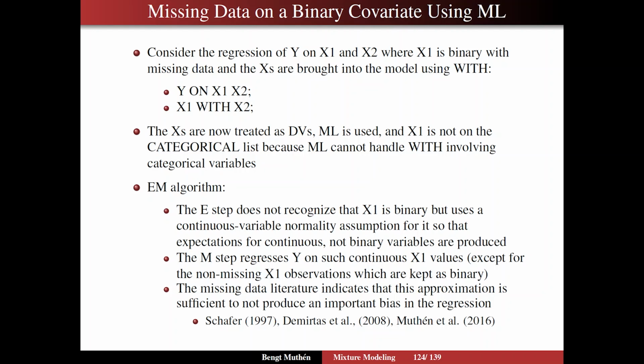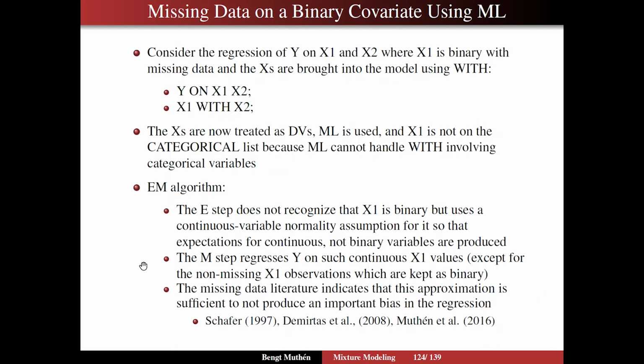So we are ignoring that x1 is categorical, and what happens then in the EM algorithm, expectation maximization algorithm, that ML uses? Well, the expectation step for the x's does not recognize that x1 is binary, but uses a continuous variable normality assumption for it, so that expectations for continuous, not binary variables are produced.